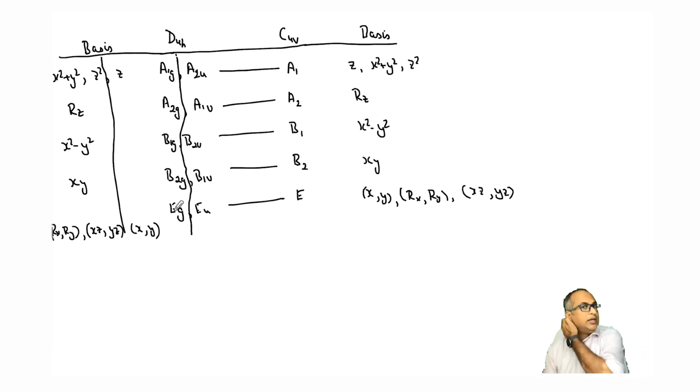So the point is that whatever is the basis in D4H point group for individual IR representation, the correlated IR representation under the subgroup will have the same basis. So that means whatever property has A1 symmetry, the same property will have A1G or A2U symmetry in D4H. So the properties are also correlated.